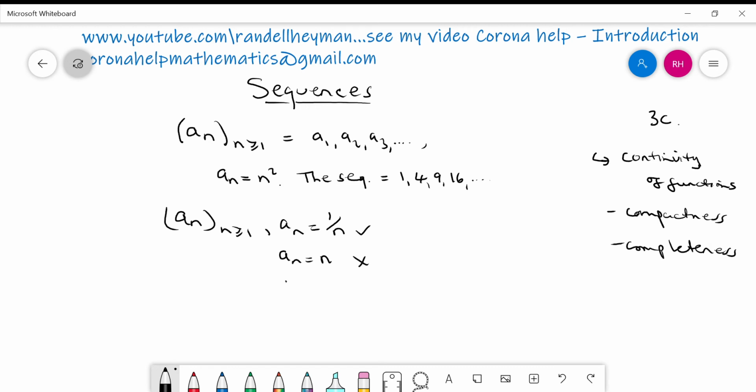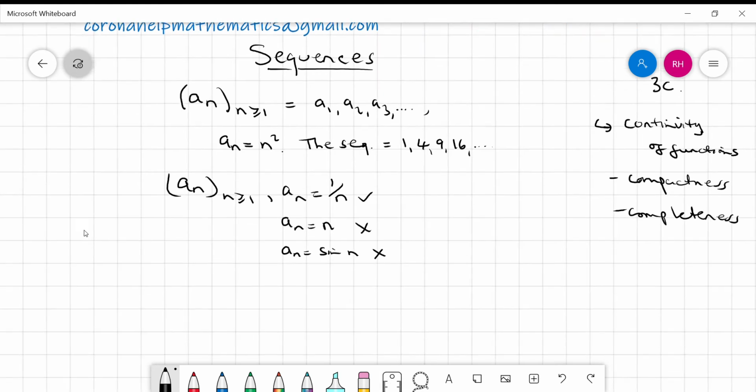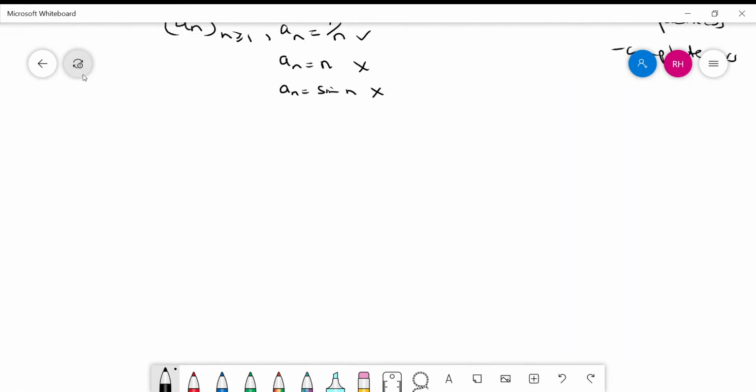And you can also get this sort of thing, a_n equals sine n. That does not converge either, because it just oscillates between -1 and 1. So a key idea in sequences is sequences converging to a limit. And so I'll put up a definition. It's very similar to the idea of convergence of a function, which you may also have seen before.